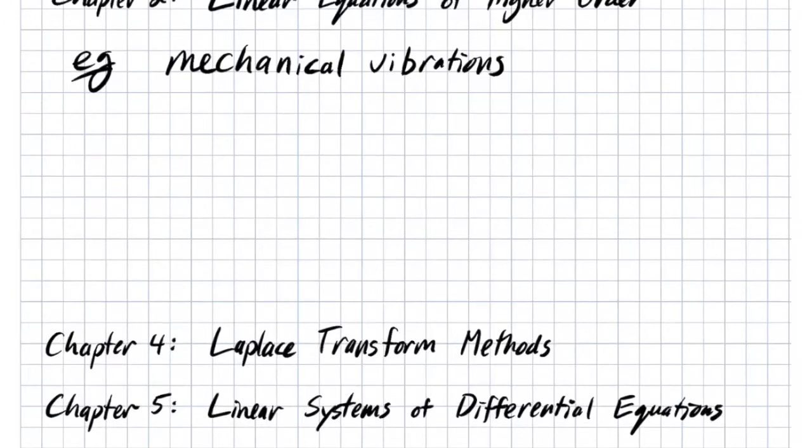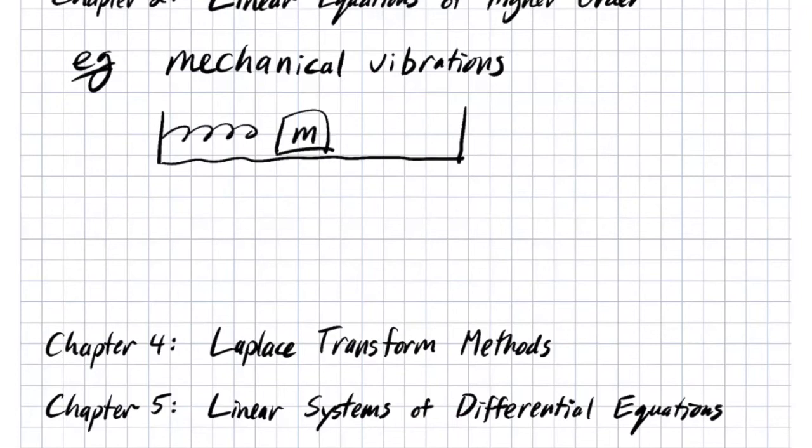A very simple way to represent these mechanical vibrations is to think of having some mass here, connected to a spring, and the spring has spring coefficient K, which measures how stiff the spring is.